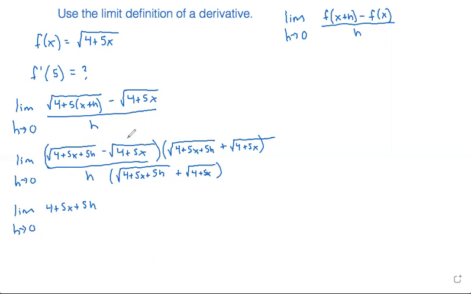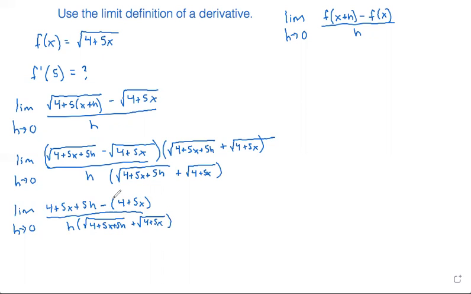And then the outer term and the inner term would cancel out since one's plus and one's minus. And then it would be minus multiplying the last two terms. So the 4 plus 5x, again, the square roots get canceled out. So we're left with h times, because I'm not going to distribute the denominator, and I'll show you why in just a second, the square root of 4 plus 5x plus 5h plus the square root of 4 plus 5x.